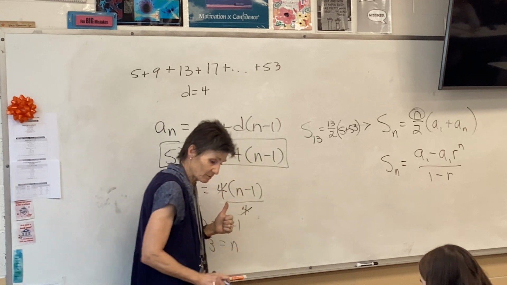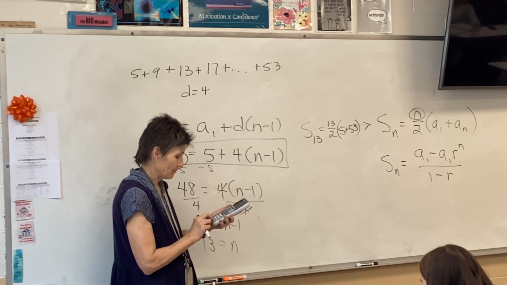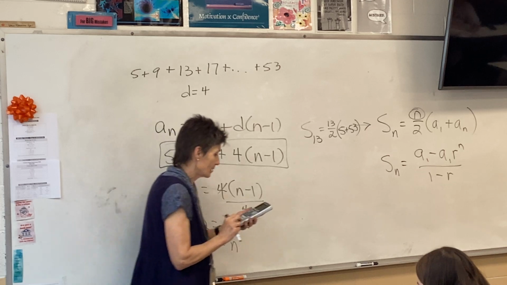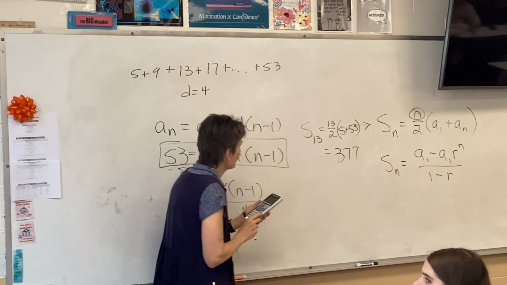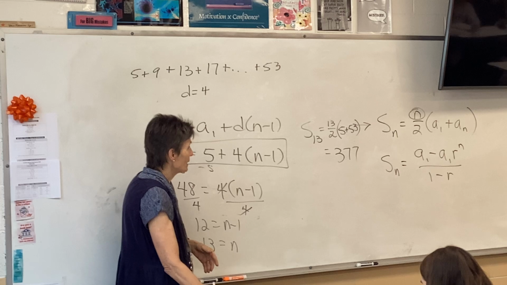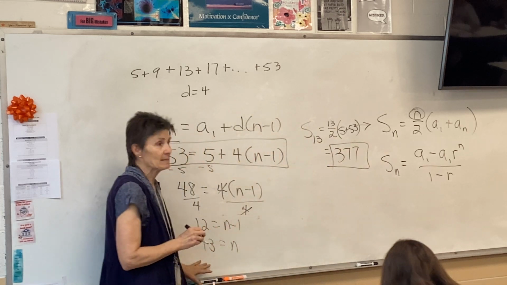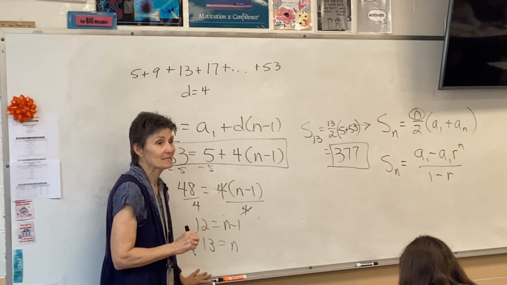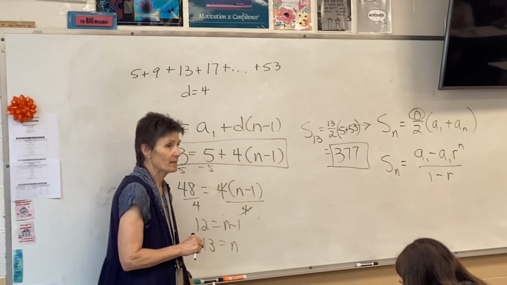So, what is that? 13 over 2 times 58? I got 377, but I don't know, did I do that right? That's right. And this is your final answer. The 13 was not your answer. The 13 was the number that you could plug in to get your answer.